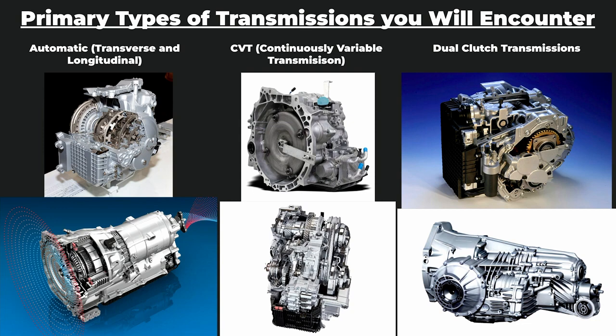The dual clutch transmissions are effectively like an automatically shifted manual transmission. You'll find these a lot in Volkswagen, Audi, Porsche, and potentially in some other vehicle applications as well. The one in the top right you will also see in Fords, and there are a few other manufacturers that also employ dual clutch transmissions as well. Some of them including Hyundai and Acura.